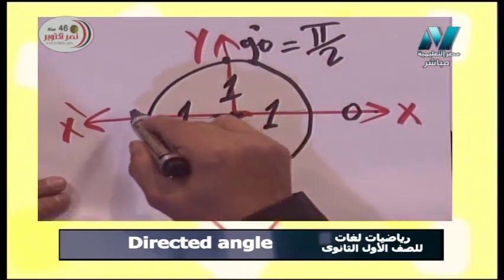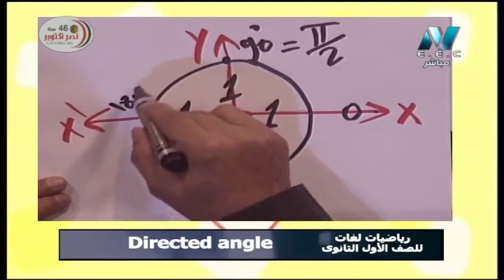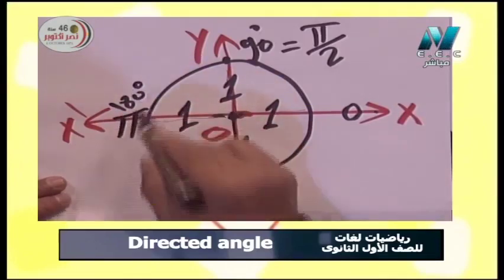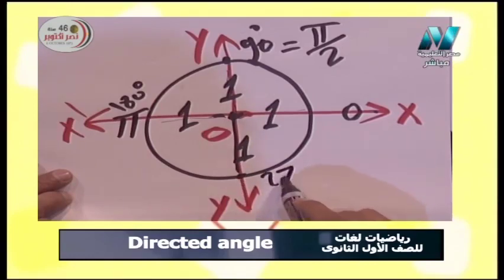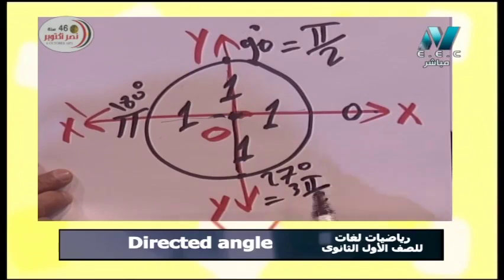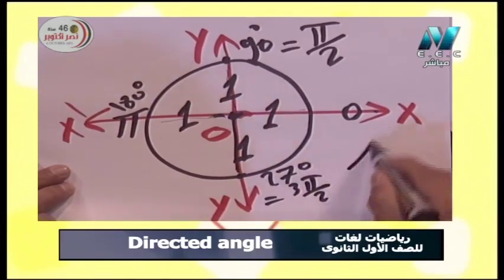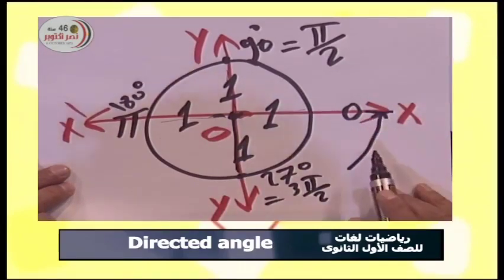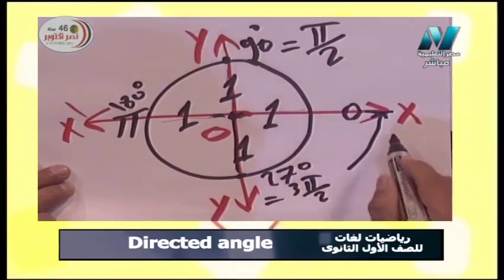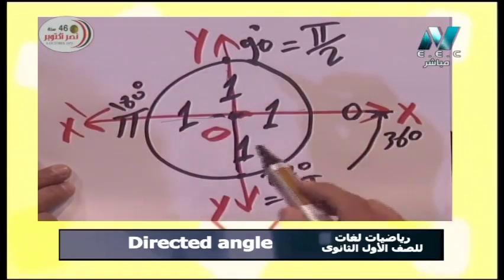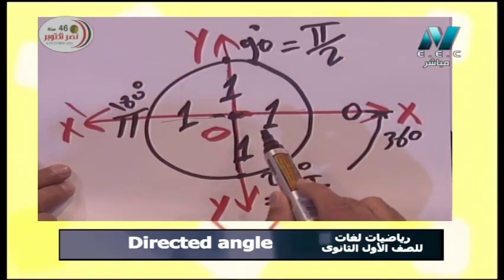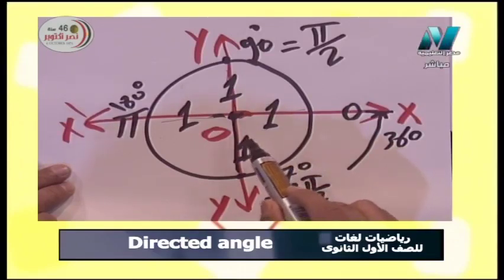Here 180 degrees or pi. Here 270 degrees or 3 pi over 2. And return again to the beginning side, which is 360 degrees or 0 degrees. So we have here the unit circle, which is very important for you to study.